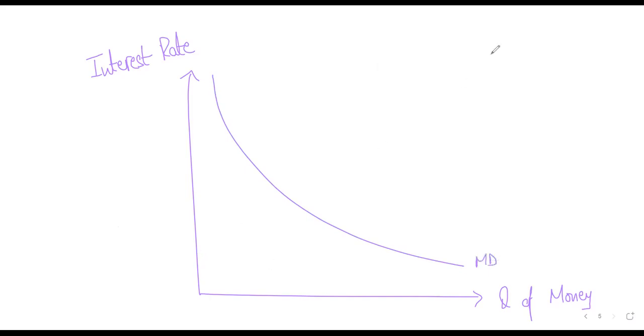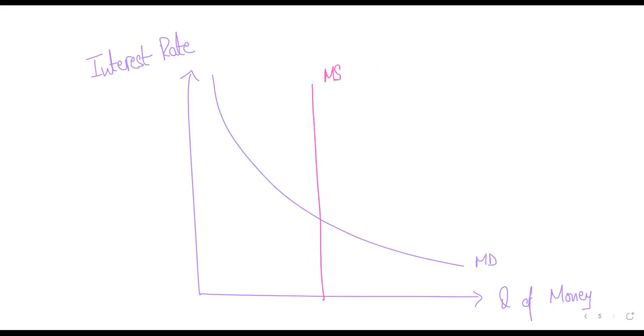And since supply of money, according to liquidity preference theory again, is determined by the central bank, the central bank will decide how much the money supply will be. So it will be a straight vertical line, like this, because money supply is determined by the central bank and it's fixed.